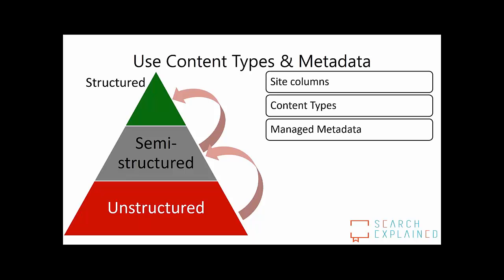And my recommendation would be always to use site columns as much as possible. Always use content types whenever you can, and managed metadata should be used whenever it makes sense. And definitely you have to help your users as much as possible, providing default values, providing auto tagging, providing whatever you can provide to them to help to add better metadata.